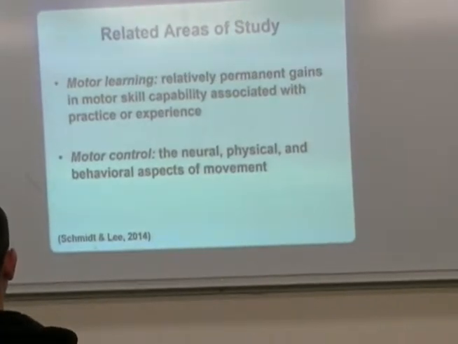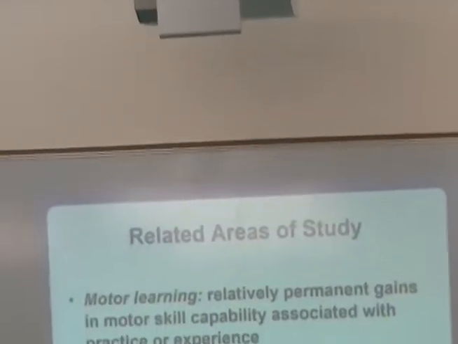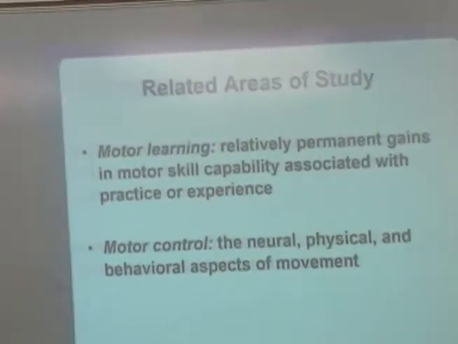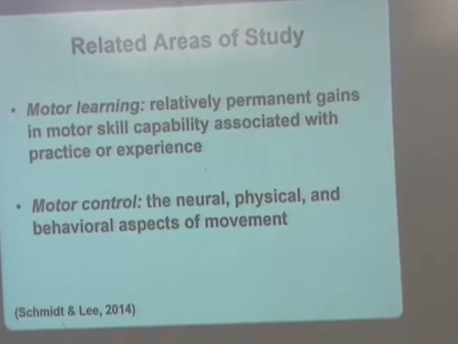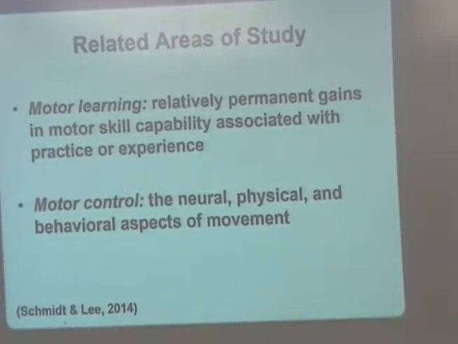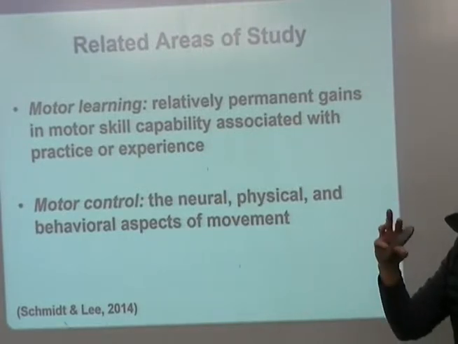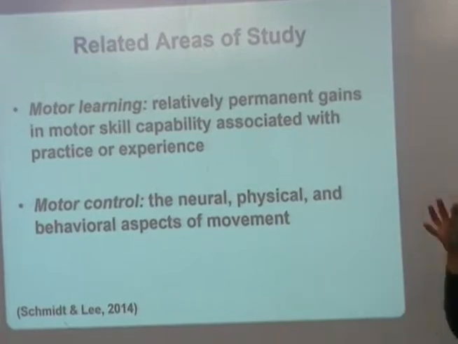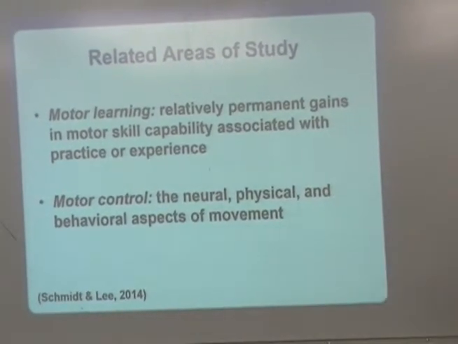So the other two areas of study under the umbrella are motor learning and motor control. And at the end of the semester, we'll have a couple of lectures that look at some motor learning principles. And then we have a 400 level class that you can take as an elective or one of your theory, HPE theory classes, depending which degree plan you're on, more about motor learning.